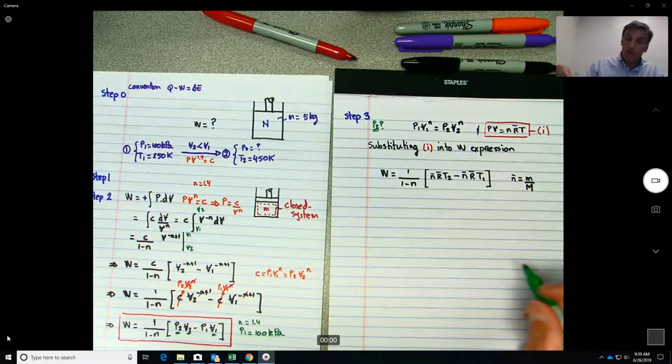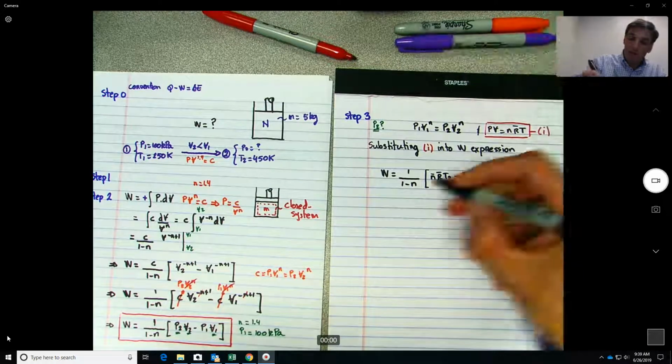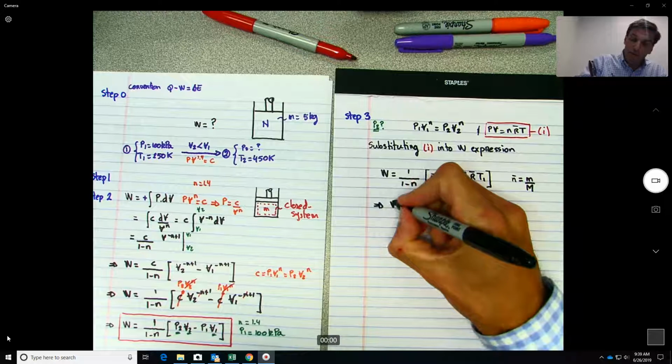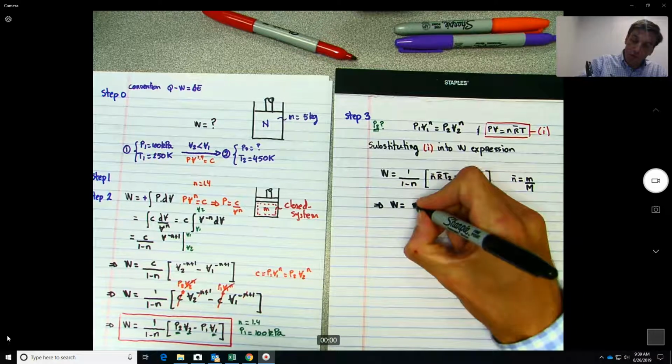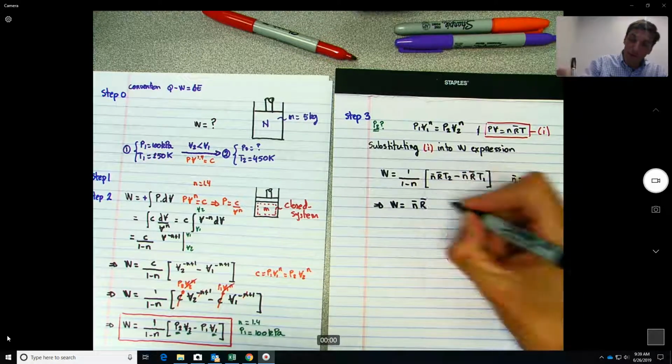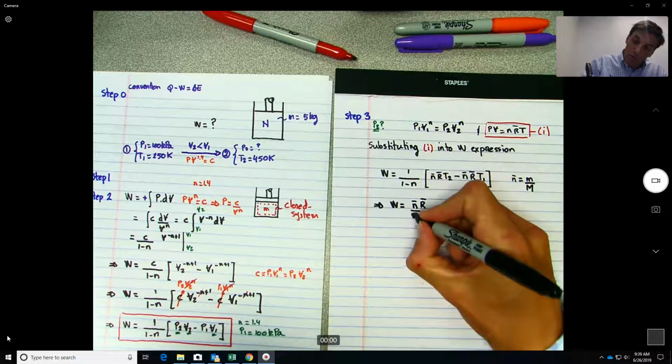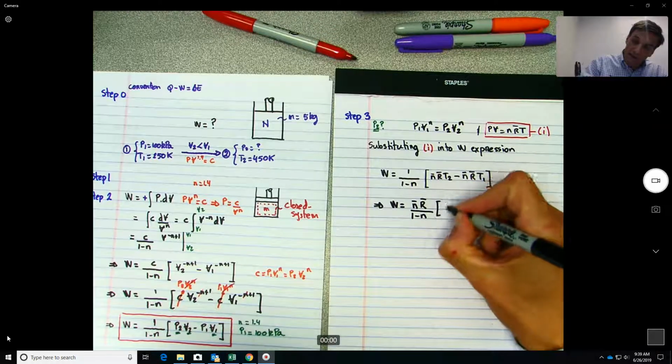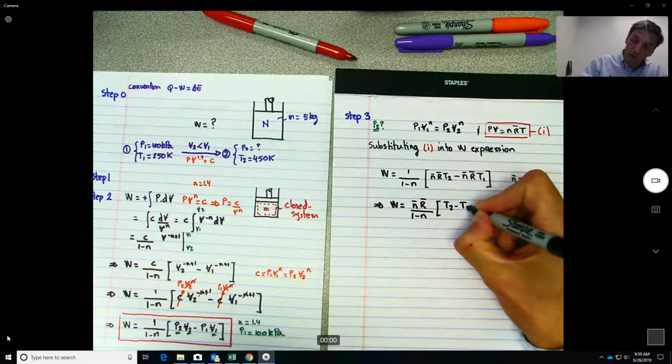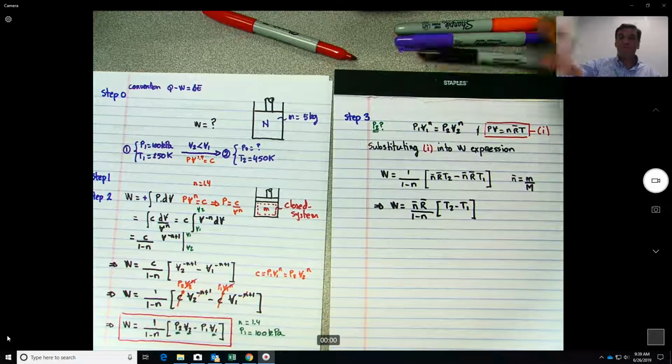So in this problem, we know that, let me just rewrite it differently, W will be equal to N R bar over 1 minus n, times T2 minus T1. Okay.